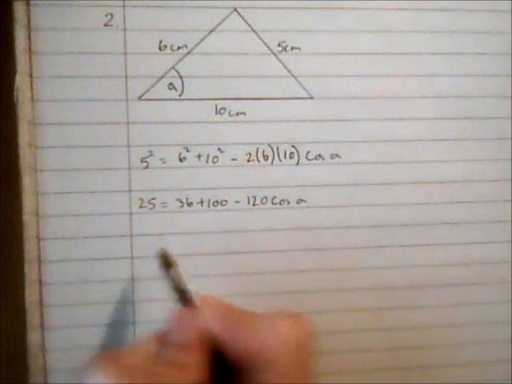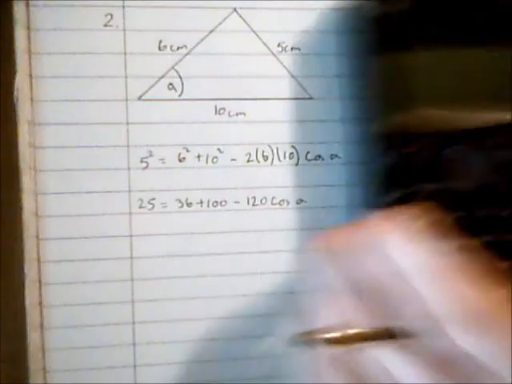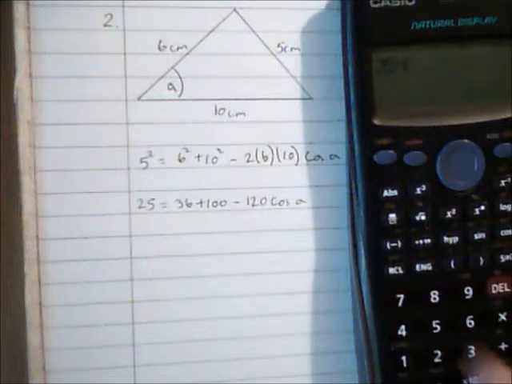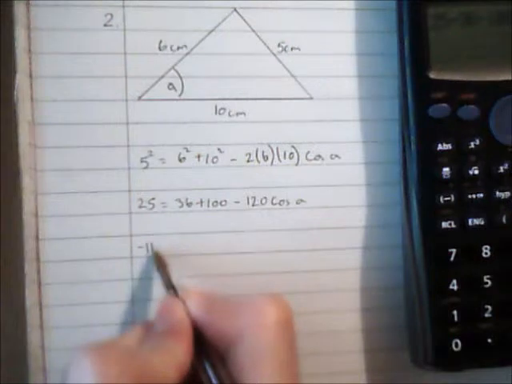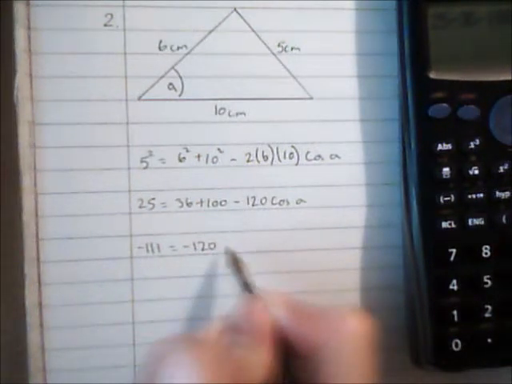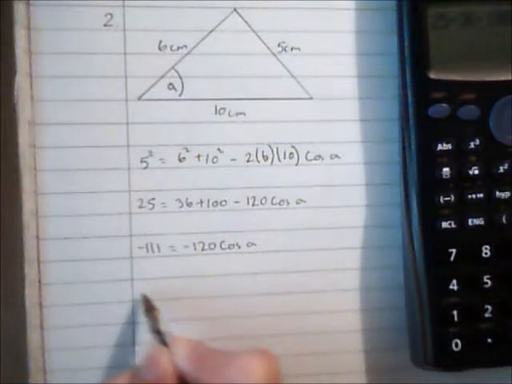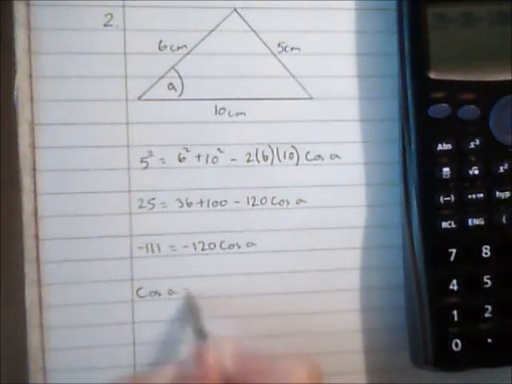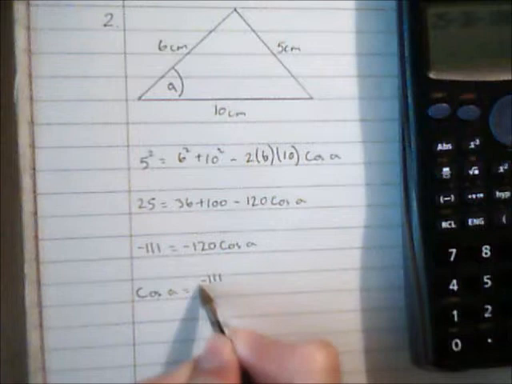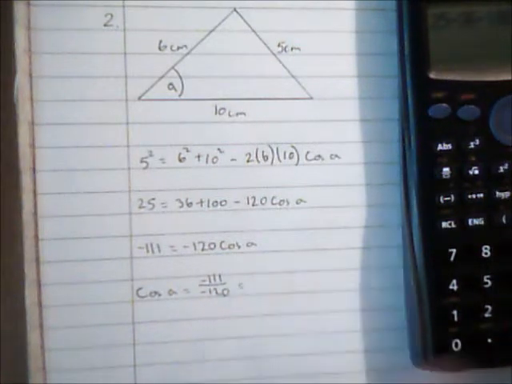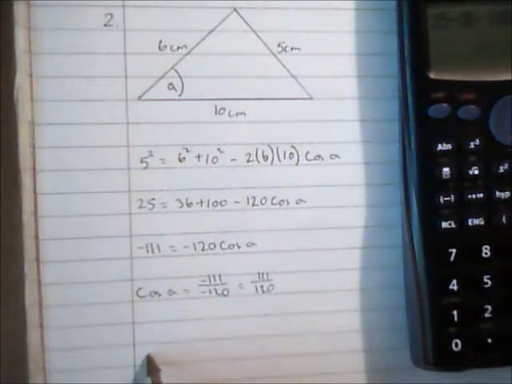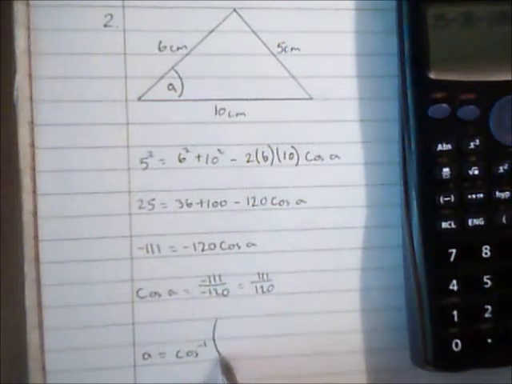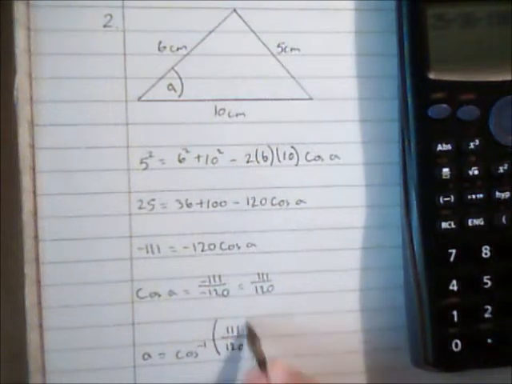So then I'm going to subtract the two number terms across, so 25 subtract 36 subtract 100 is negative 111, so negative 111 is equal to negative 120 cosine A. So cosine of A is negative 111 over negative 120, which is just 111 over 120, and therefore A is equal to arc cos of 111 over 120.